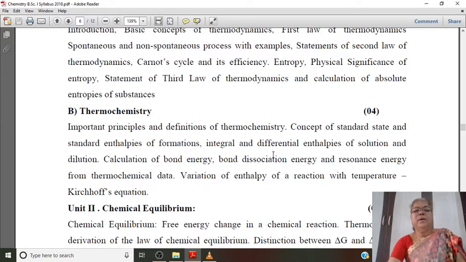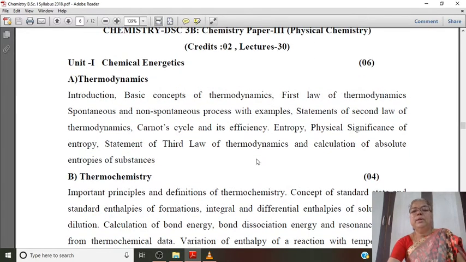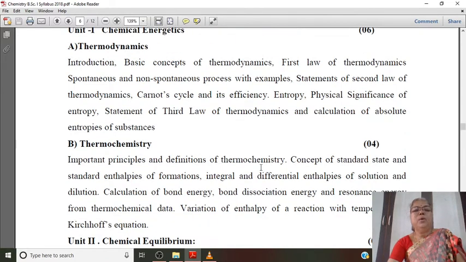These are the points included in thermochemistry, and we have to finish this unit within 10 lectures. Okay, this is unit number 1.